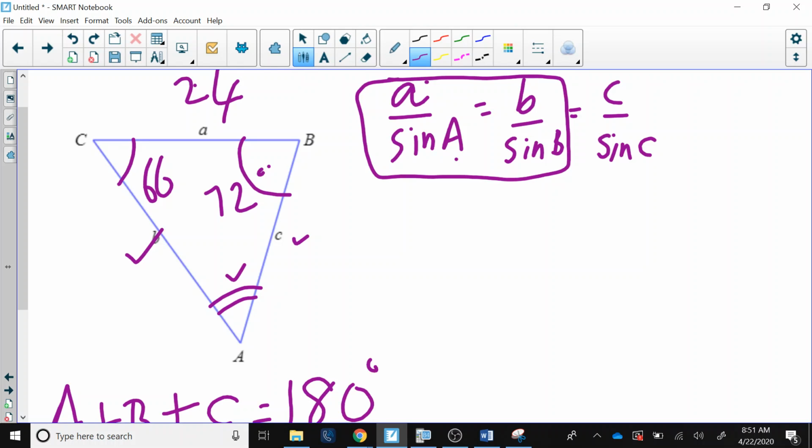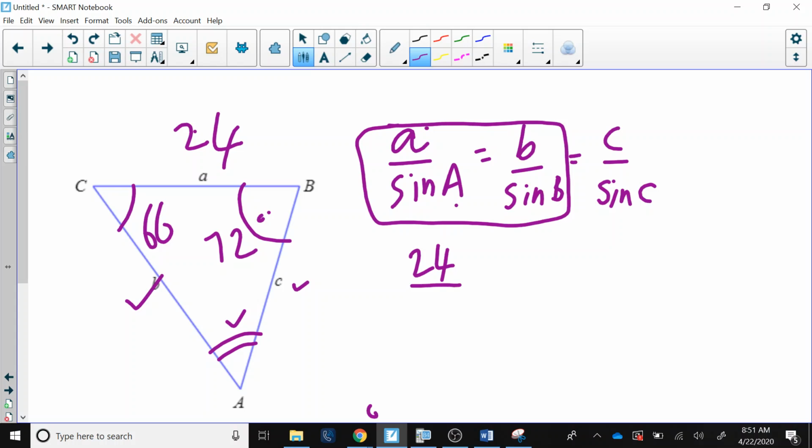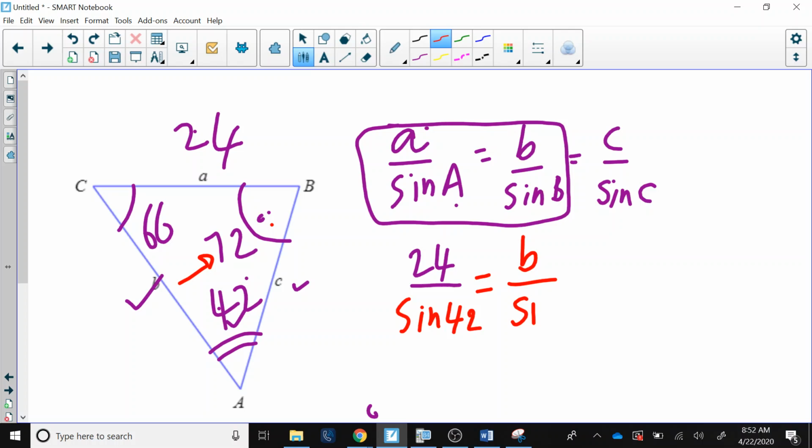Now I'm going to take the first one. My a is 24 over sine A. Angle A is, as we just found out, 42, so sine 42, equals b, which we do not know, over sine B. The small b and capital B are opposite to each other, so sine 72.